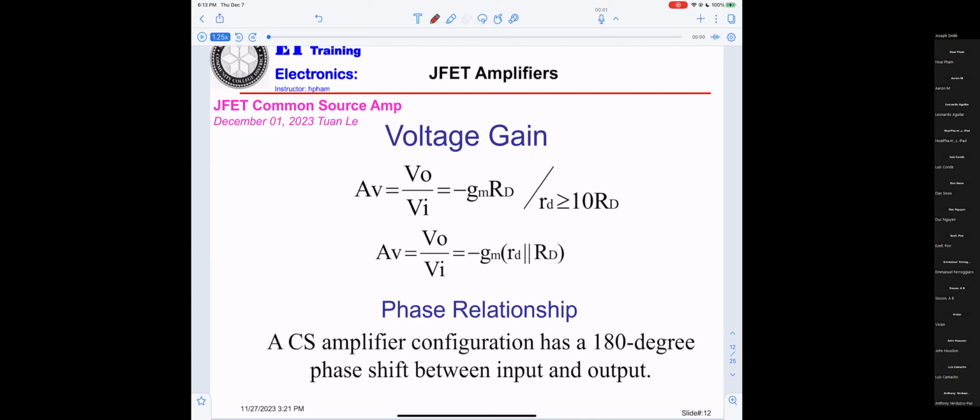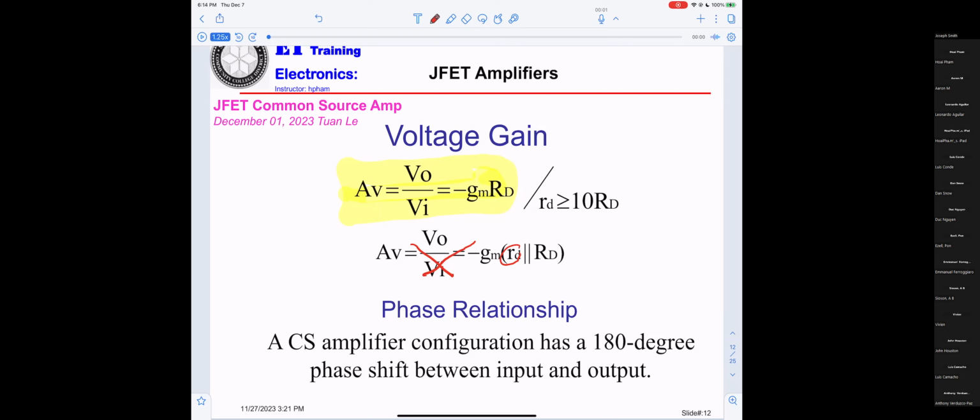Now for the gain, AV equals V out divided by V in, and this is the formula. And this one is not used, the reason being they use RD right here.